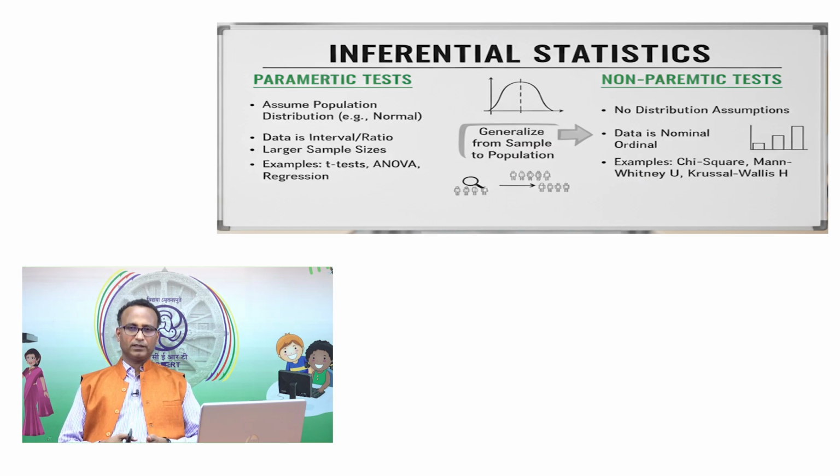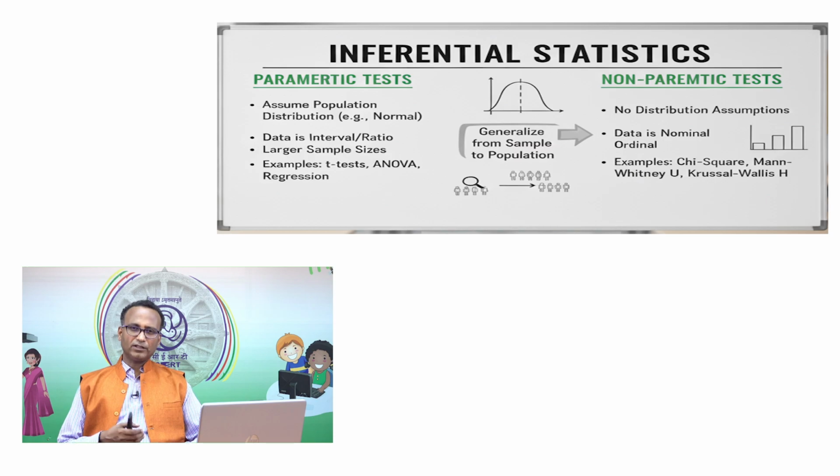When you use ANOVA, the F test, you can compare the significant difference between and among multiple means, more than two means. And you can also use ANCOVA. So, under parametric statistics, the well known statistics are t-test, ANOVA and ANCOVA.